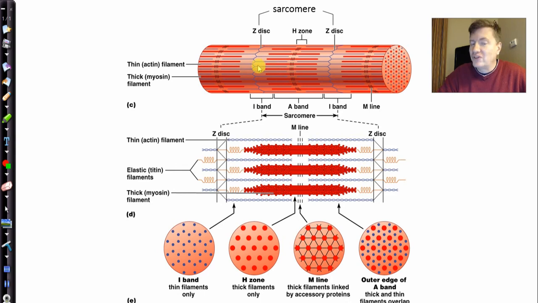Here, just actin is there, so that's an I band. Here they all overlap. That's an A band. Here they don't. It's an I band. A band, I band, A band, and that gives us that striped appearance. But what I really want you to focus on is the idea that the striped appearance is because of the arrangement of the myosin and the actin within the myofibril.